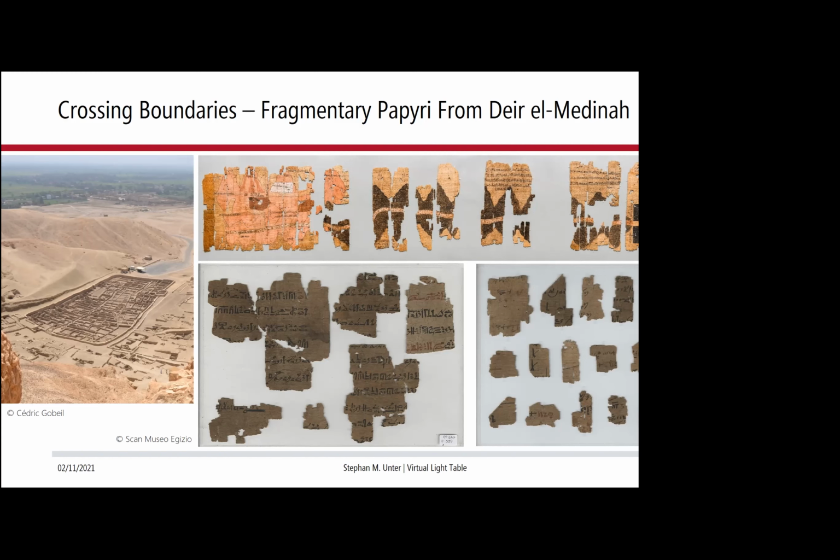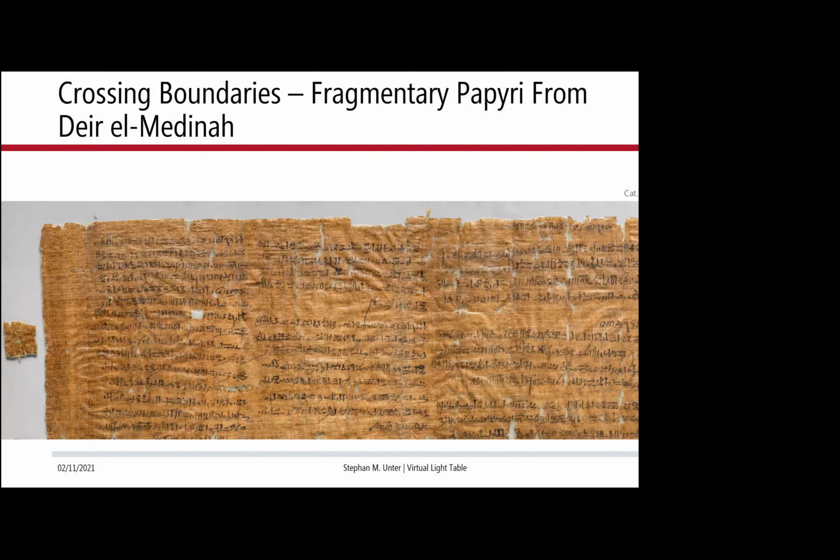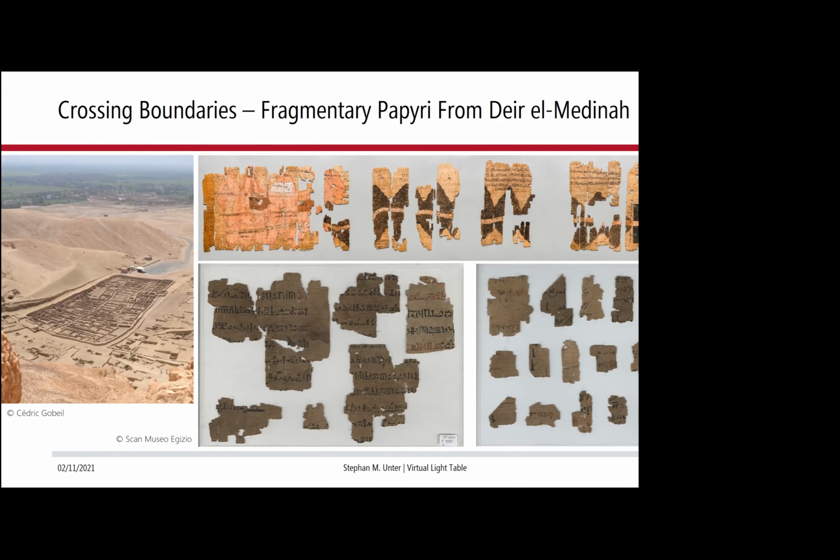You can see a couple of examples here. On the upper side, you see the famous gold mine papyrus, for example. Let me quickly go to the next slide. Here you see the so-called strike papyrus, which contains the earliest documentation of strike behavior in human history. The workers were not paid well enough, so they decided to lay down work. But we also have a lot of fragments.